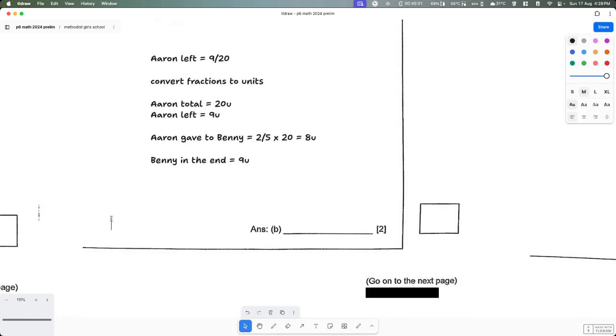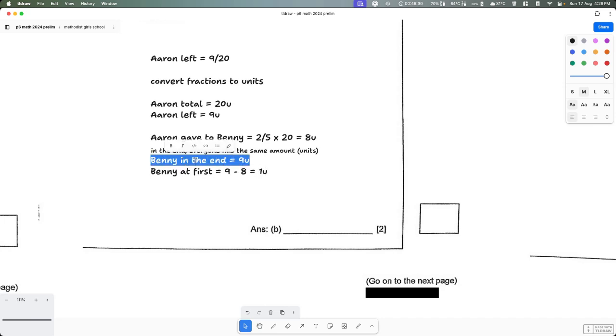I'm going to write this. In the end, everyone has the same number, same amount of units. So in this case over here, Benny in the end has 9 units. So Benny at first basically had 9 minus 8, which is 1 unit.